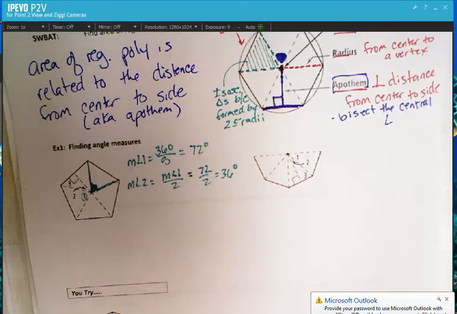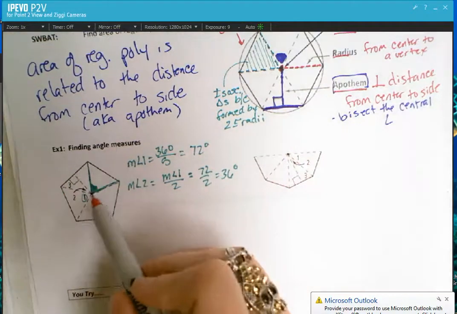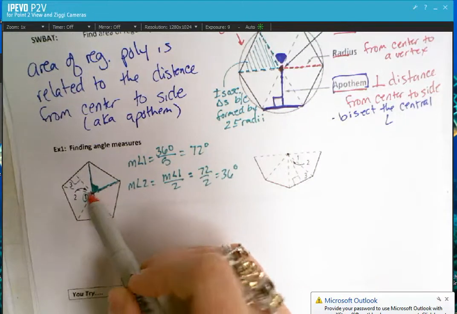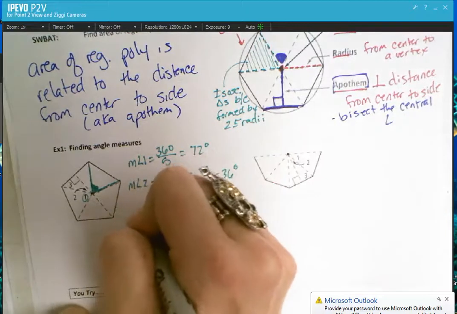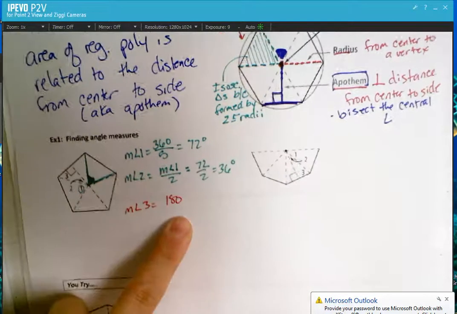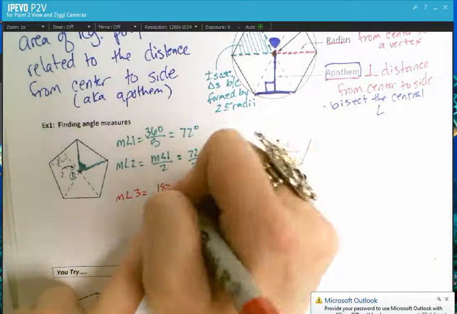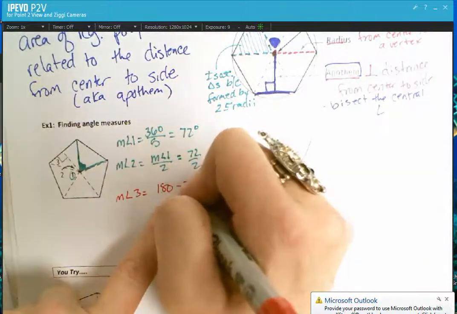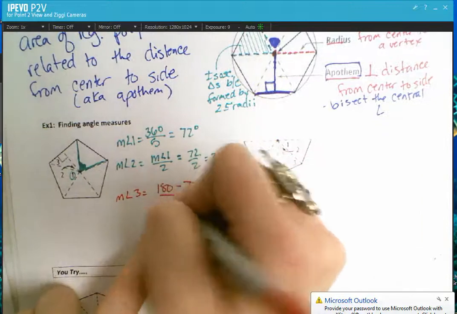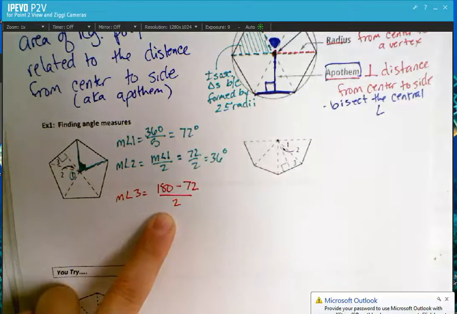We can also find the measure of angle 3. So I know that I have an isosceles triangle, and therefore the base angles are congruent. So I know the measure of angle 3 is equal to 180, the total sum of triangle angle measures, minus the 72 central angle that we're already using, and divide that result by 2 will give me my base angles.